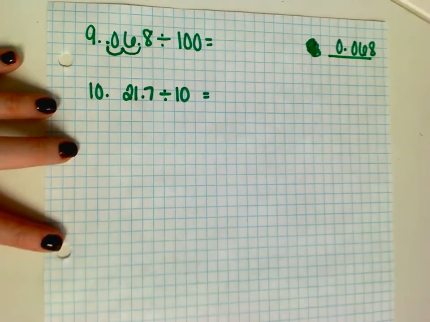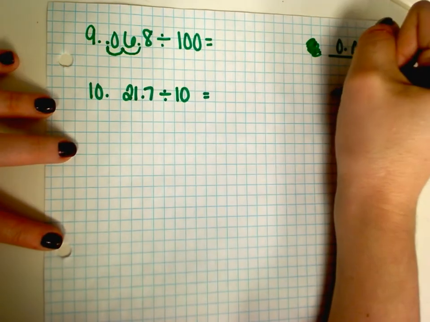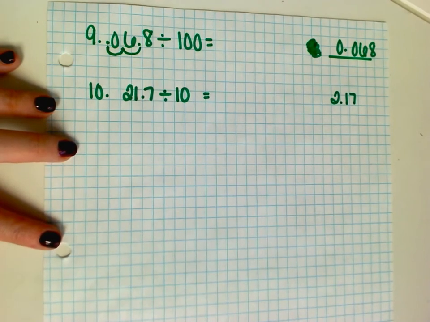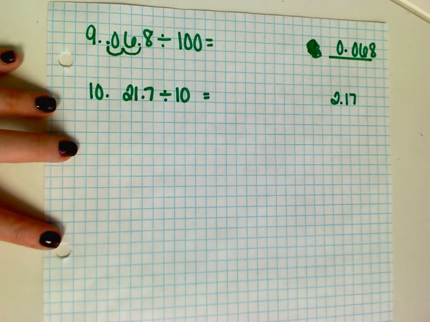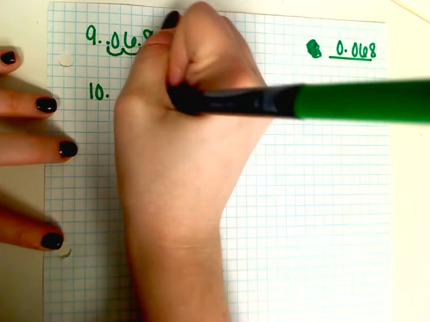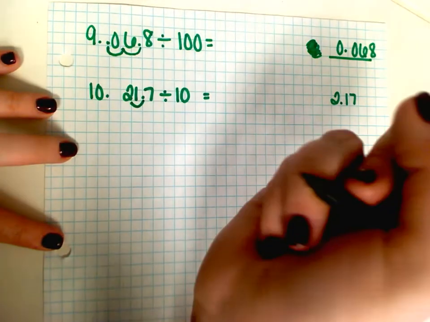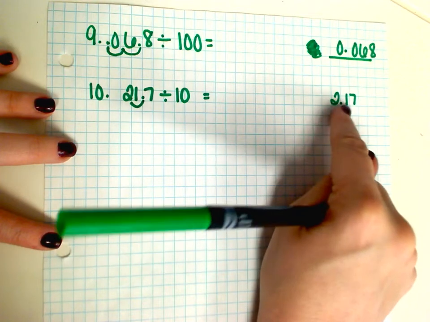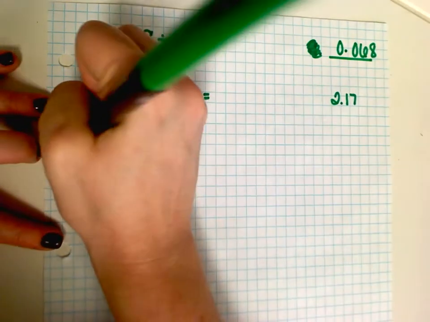Very good. Do you know how to say that the right way? Go ahead. 2 and. Very good. 2 and 17/100. Awesome. We just did 1 hop to the left here, and we put it right in between the 2 and the 1. So now it's 2 and 17/100.